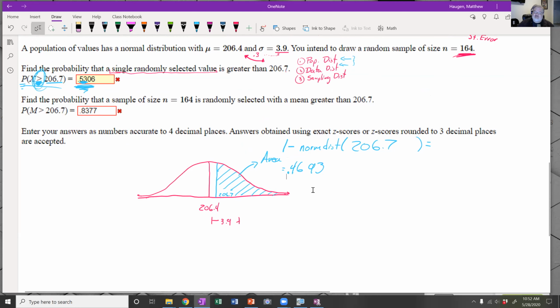Now, again, that's for a single value selected. But if you're selecting samples of size 164, those are going to have a much more tightly distributed sample of means. So instead of asking what's the chance that a single value would be greater than 206.7, what's the probability that we would find an average that's above that?